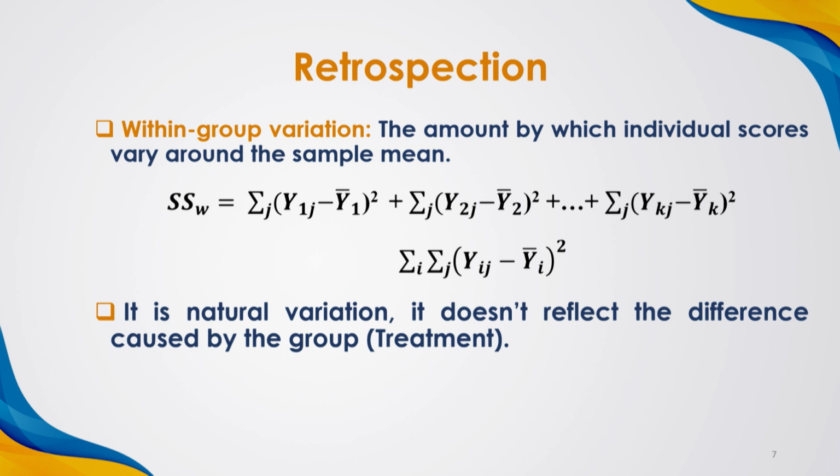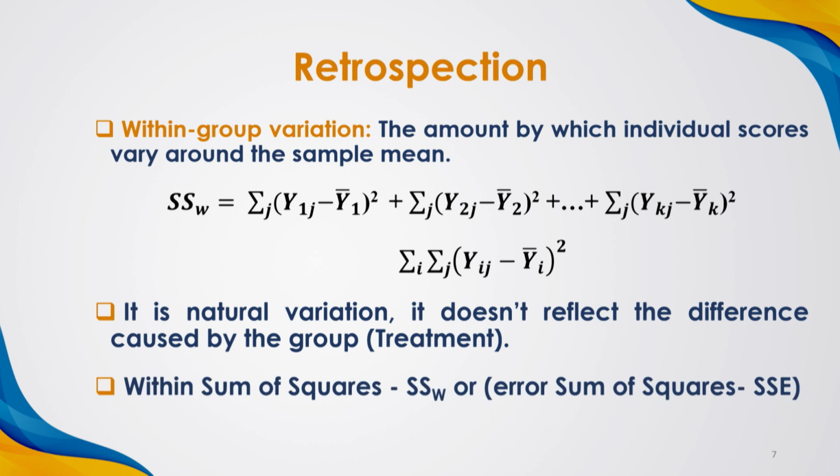It is a natural variation; it does not reflect the difference caused by the group or treatment. Within sum of squares is otherwise called error sum of squares, usually found in statistics textbooks and represented by SSE, but for this lecture I am going to stick with the notation capital S with subscript W, which means within sum of squares.